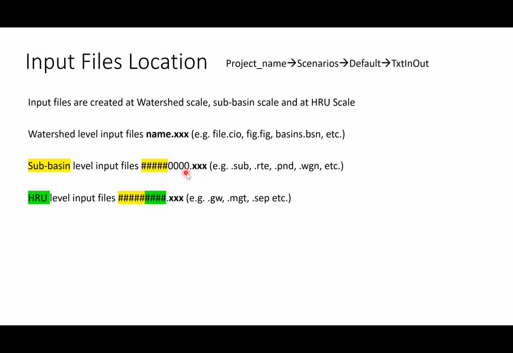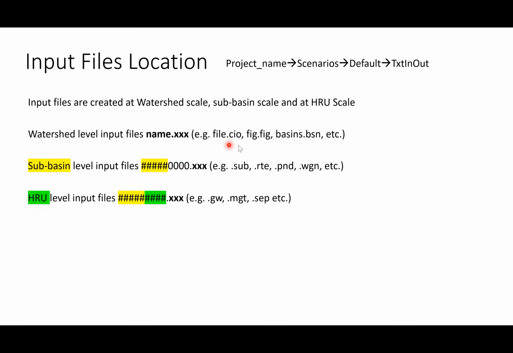So this is a 9-digit number, the first 5 digits corresponding to the sub-basin number and the last 4 digits corresponding to the HRU within that sub-basin. So when the last 4 digits are 0, then it's a sub-basin file. If all 9 digits are populated, so you have sub-basin and you have HRU, then it's an HRU level input file.